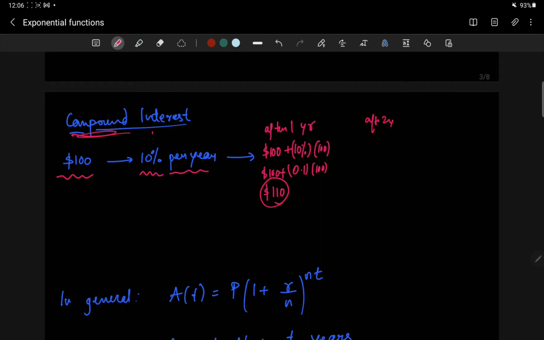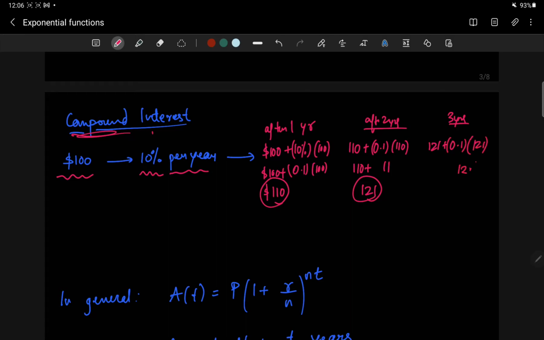After 2 years, however, now instead of getting your interest paid on your original amount of 100, you will get an interest on your new amount of 110. So it's going to be 0.1 times 110, which is now $11 instead of 10. So this becomes 121.